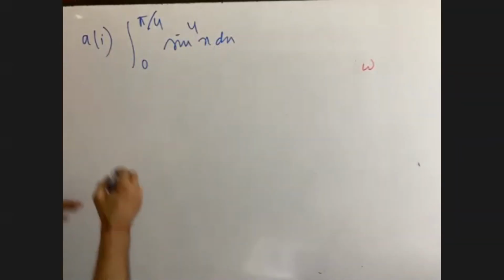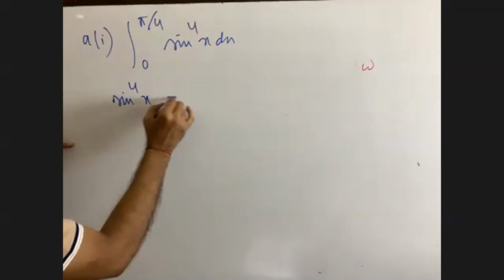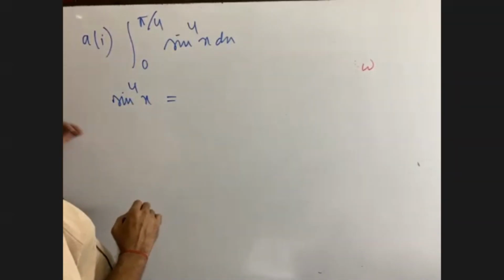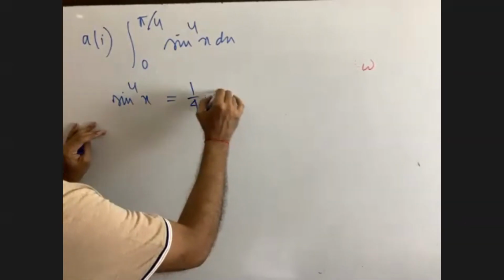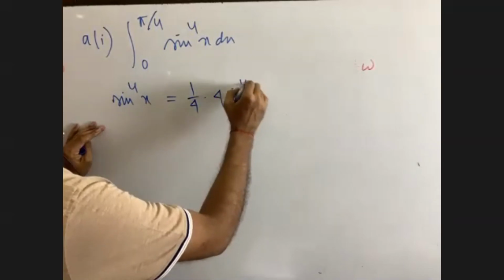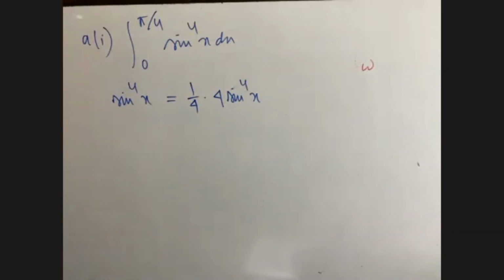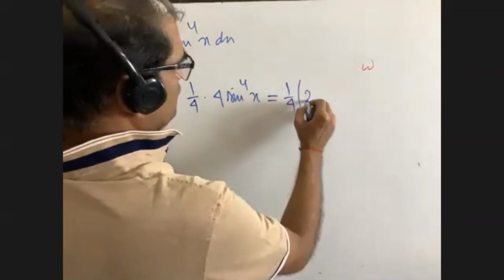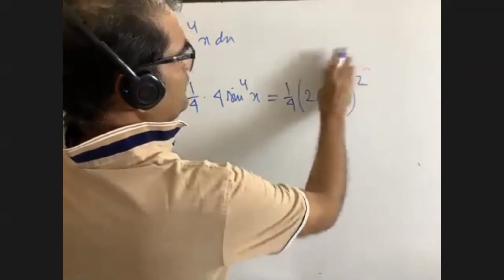At first write down sine to the power 4 x is equal to, we get what? Talk to me. 1 by 4 into 4 sine to the power 4 x. Is it? That means we are getting here 1 by 4 of 2 sine square x, whole square.